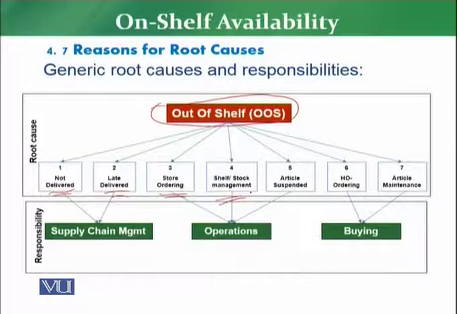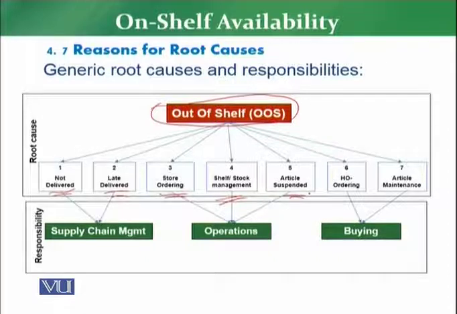Then another root cause is shelf or stock management. Because of the stock management or shelf management situation, the stock is not available on the shelf. For example, the stock is available in the store but not on the shelf. So ultimately this results in an out of shelf situation.